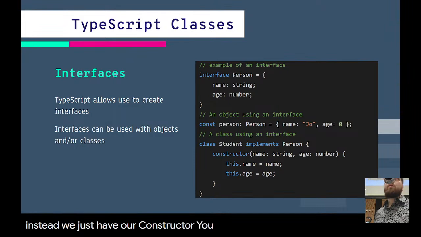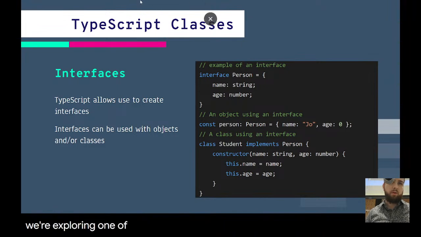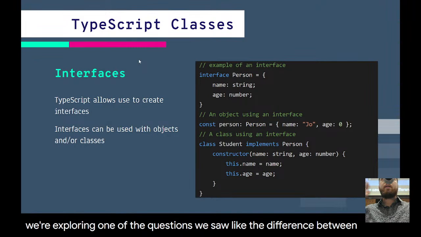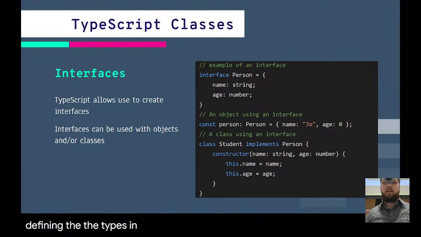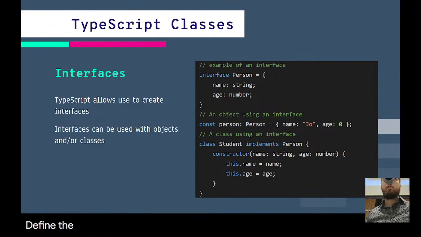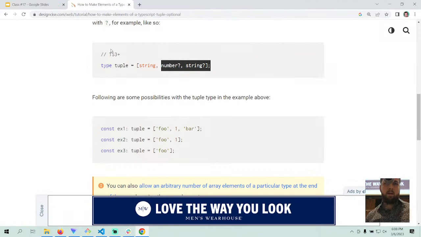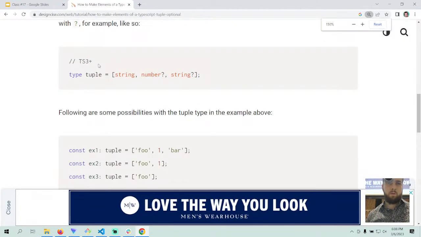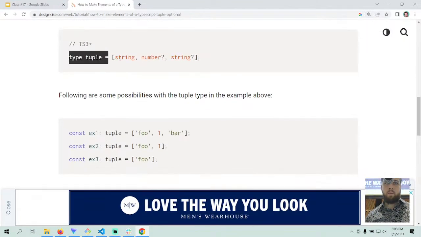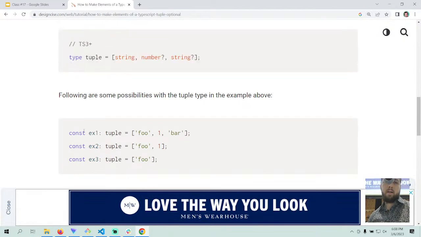So you may remember when we were exploring one of the questions, we saw the difference between defining the types inline versus creating something called type, and then we define the types. If you remember that, see if I can show an example of that again. This right here, where the type is defined on its own line, and then here the type is used.